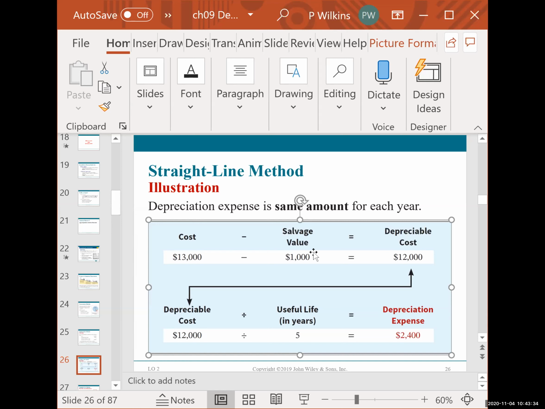So cost minus salvage gives you the depreciable cost. Depreciable cost divided by useful life gives you the depreciation expense for each period of the useful life, okay? So that reminds me, I'm going to go back over to the Excel sheet because I missed a word in there.